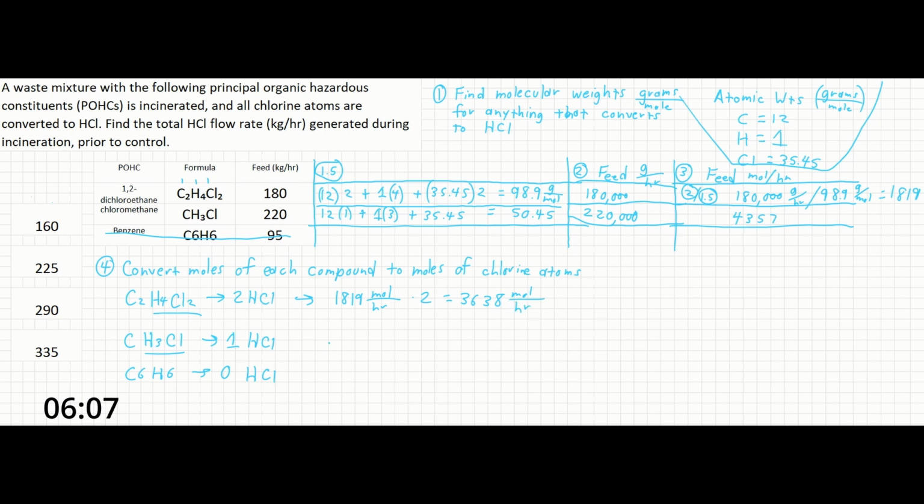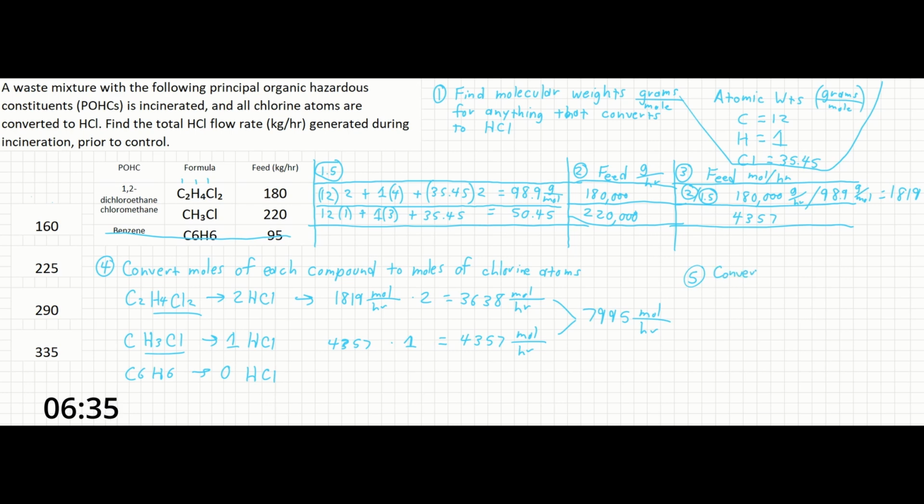And then obviously 4357 times 1 remains 4357 mole per hour. So if we sum these together, we will have just about 7995 mole per hour.